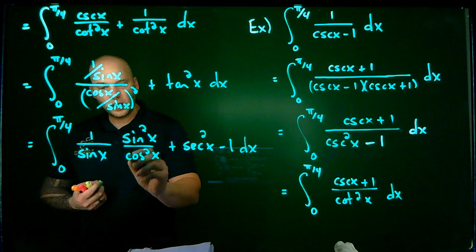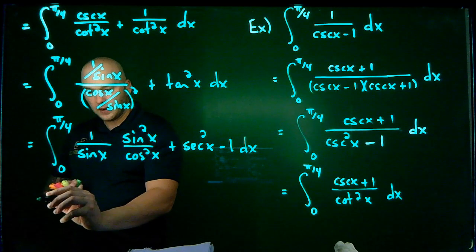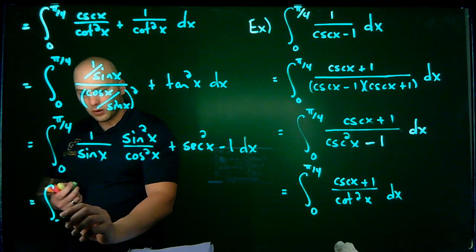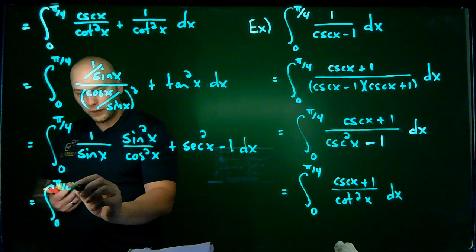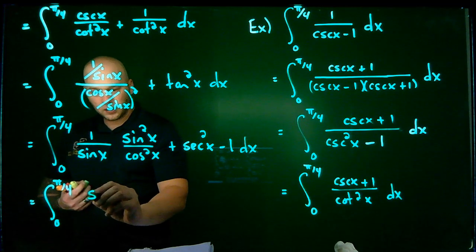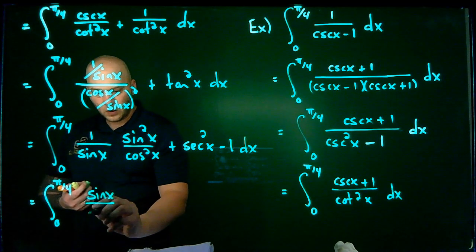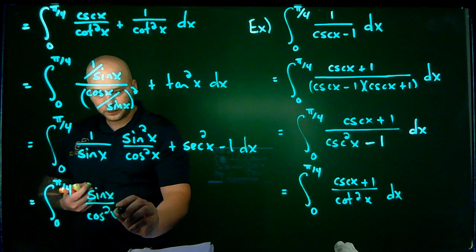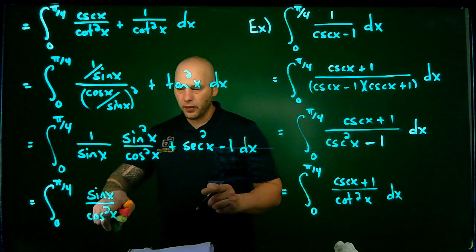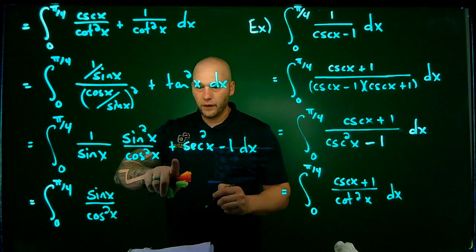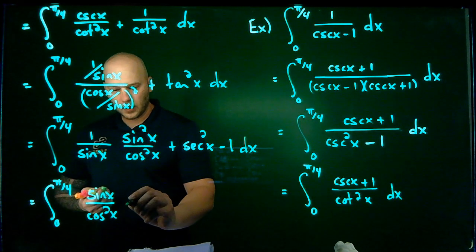And then for this term here, notice I can cancel a factor of sine. That's going to give me an integral from 0 to pi over 4 of sine x over cosine squared. And I'm going to integrate this term separately from this one, so let's separate the integral.